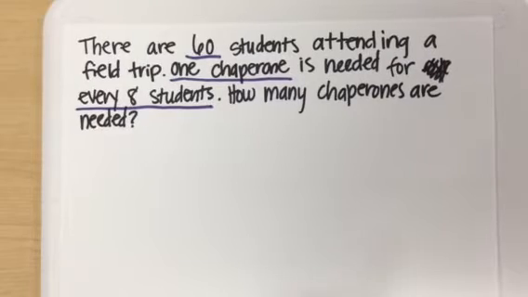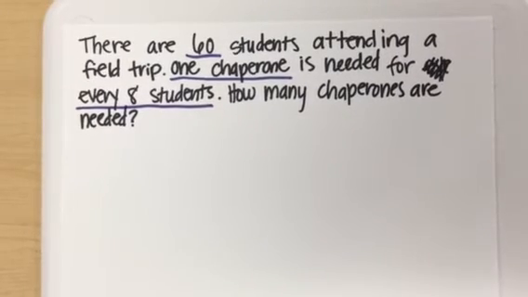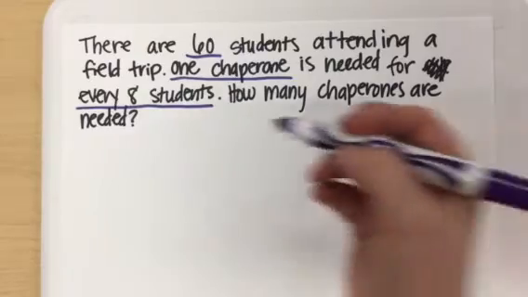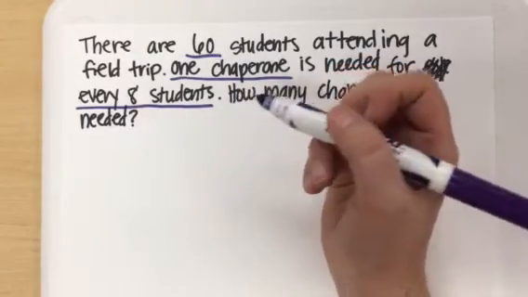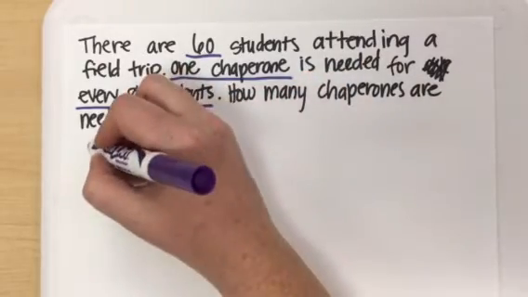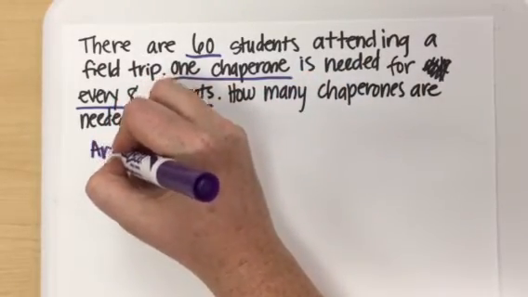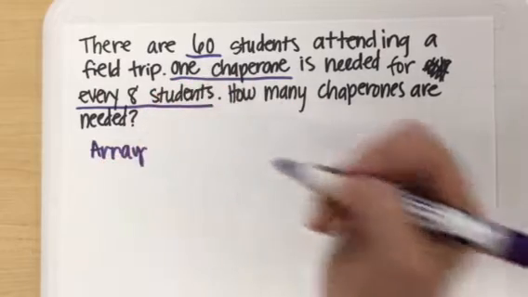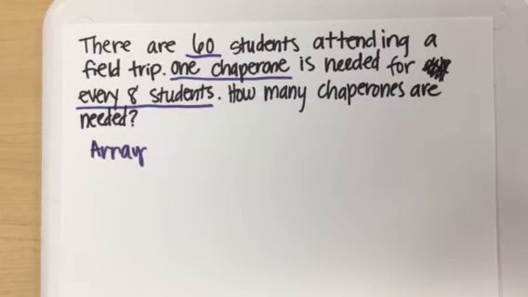That tells me for each group of 8 students, I need one chaperone. So how many chaperones are needed? Let's go ahead and draw an array. And an array is a picture form of your division problem. So it's going to be dots and it's going to be in a rectangular form.